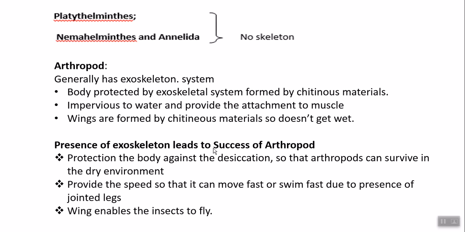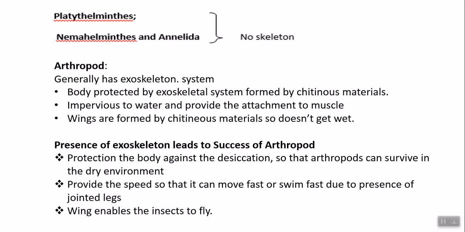The presence of exoskeleton led to the success of the arthropods because the exoskeleton protects the animals from desiccation and they can survive in dry and very extreme weather conditions. It provides the animals with the ability to move much faster due to the presence of jointed legs.